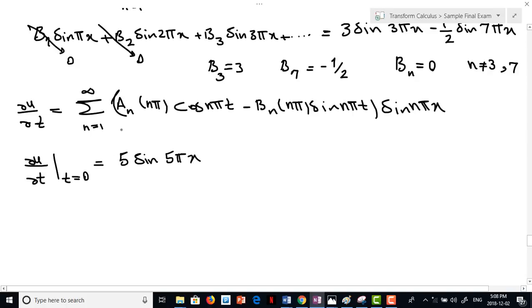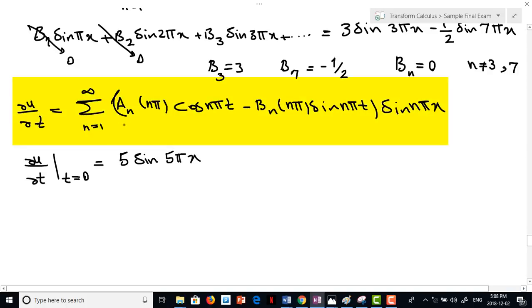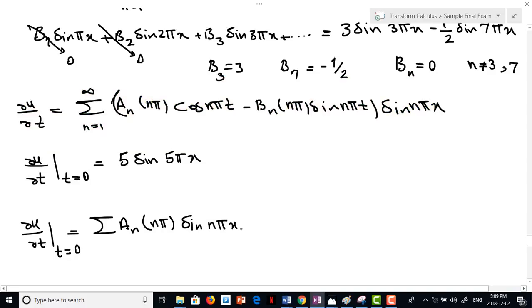Now I just plug 0 into our solution. So we have the derivative of u with respect to t at t equal to 0. If I plug t equal to 0 into our solution, cosine 0 is 1. So we have the summation of an times n pi minus bn times n pi times sine 0, which is 0, so it's gone, times sine n pi x.